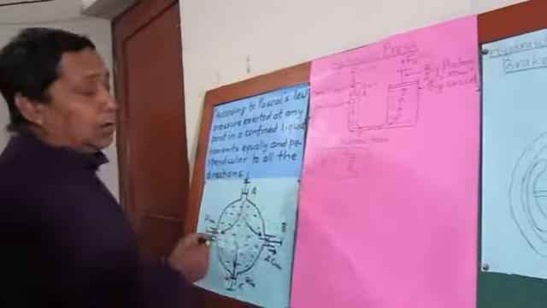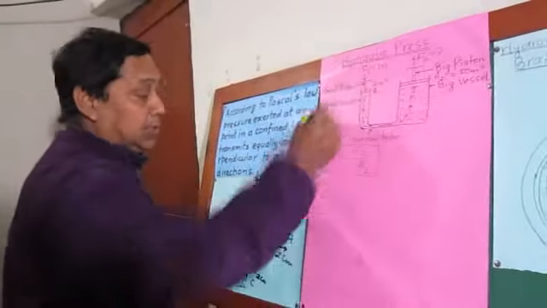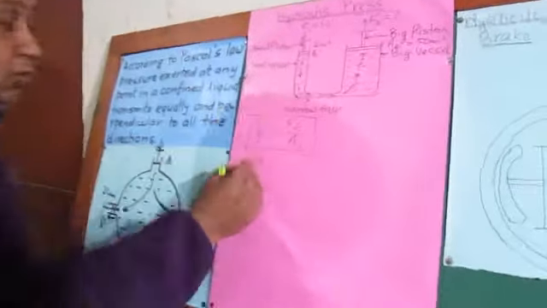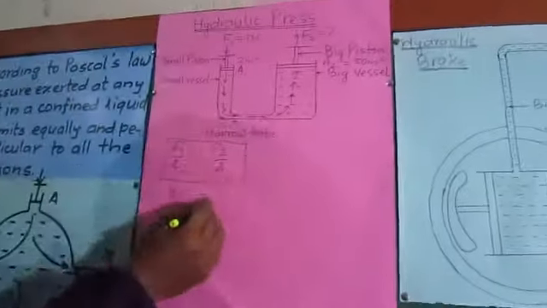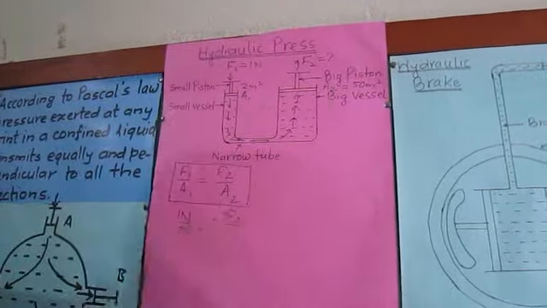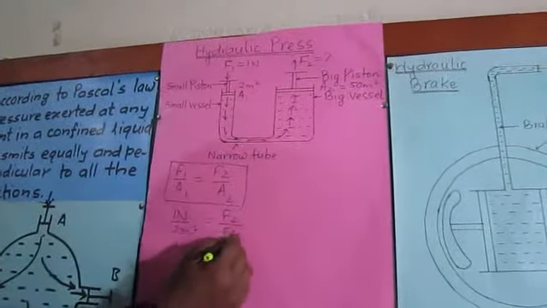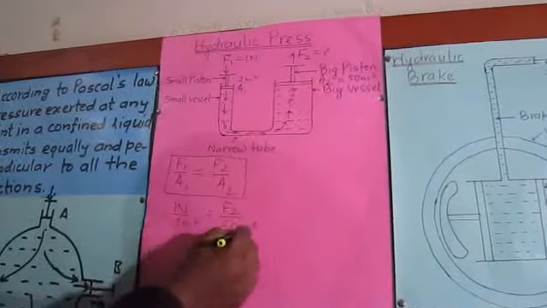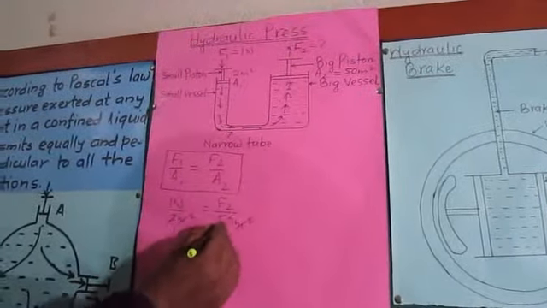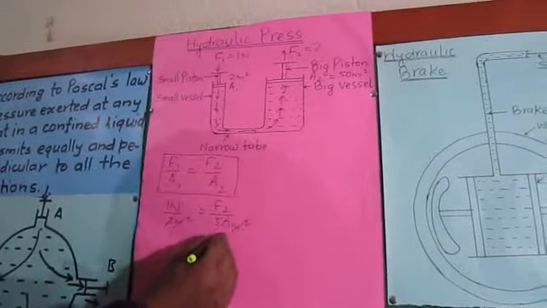If we put all these values, in place of F1, it is 1 Newton. In place of A1, it is 2 meters square. And in place of F2, we are going to calculate, that's why F2 remains the same. A2 is 50 meters square. Then meter square cancels. 2 ones are 2, 2 twos are 4, and 10, 2 fives are 10.